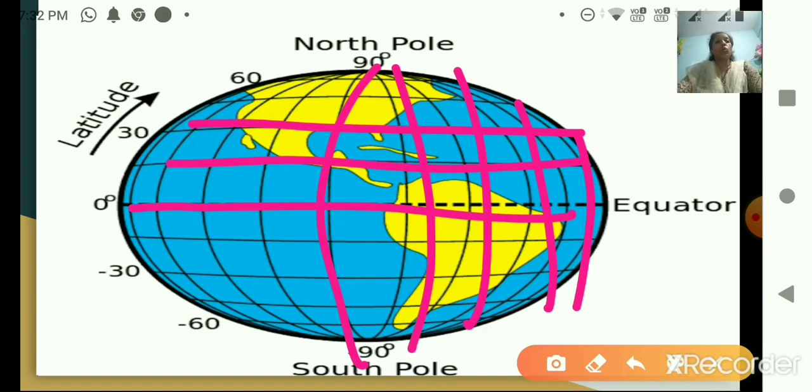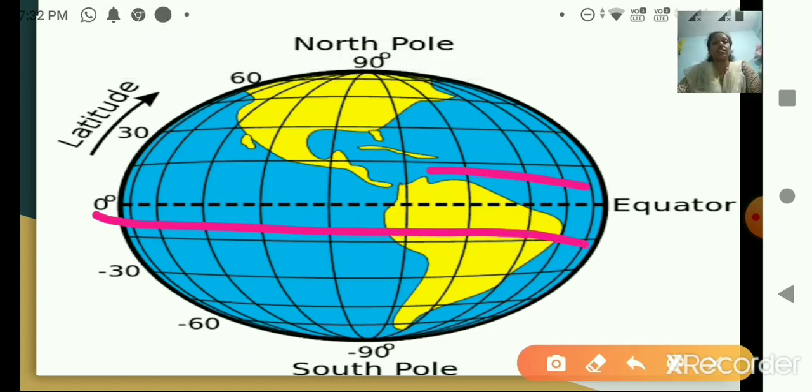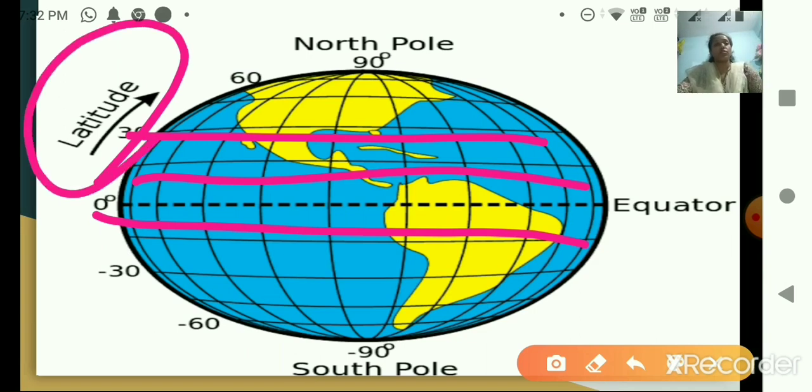So the vertical lines which we see on the globe or a map are called as longitudes, whereas the horizontal lines, these lines are called as latitudes. What is it called as, children? Yes, it is called as latitude.